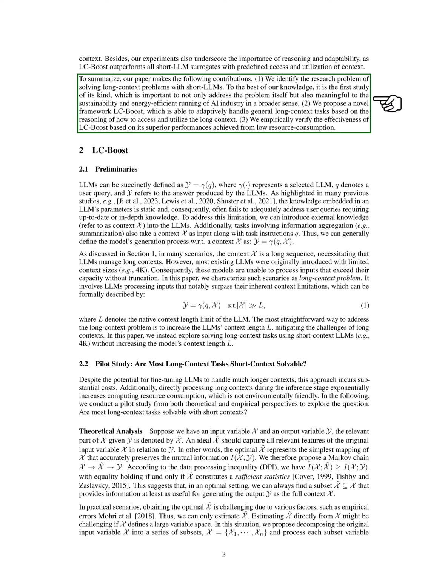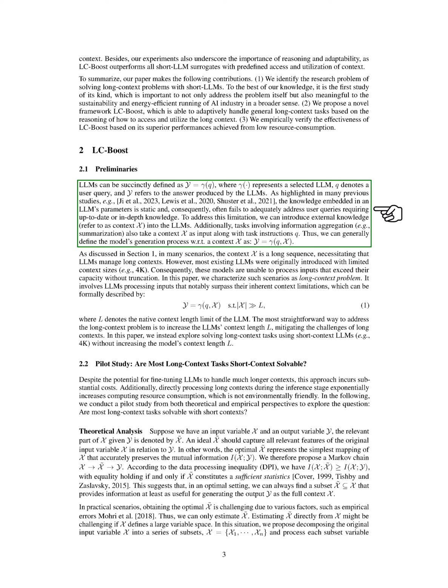Section: LC-Boost. In this section, we define LLMs as models that take a user query Q and produce an answer, Y, using a selected LLM represented by gamma, CDOT. However, LLMs often struggle with outdated or in-depth knowledge due to their static parameters.